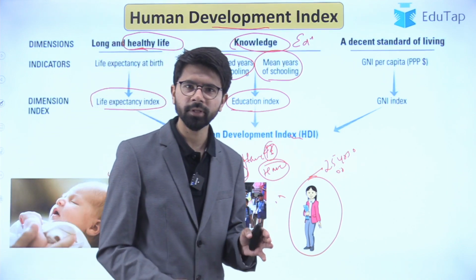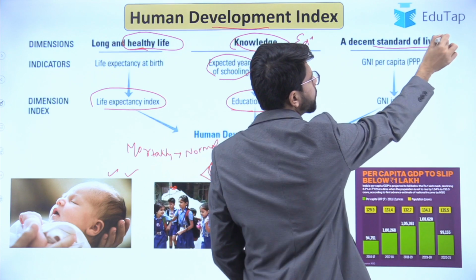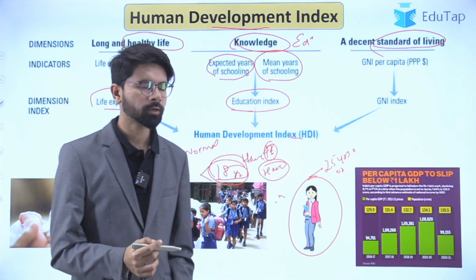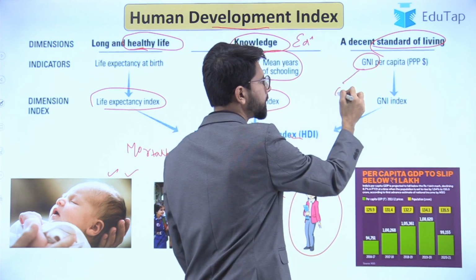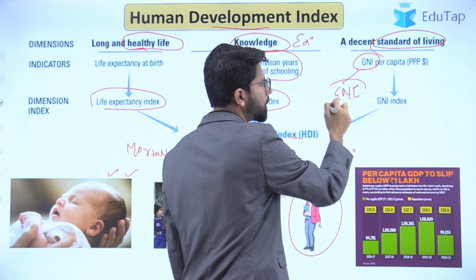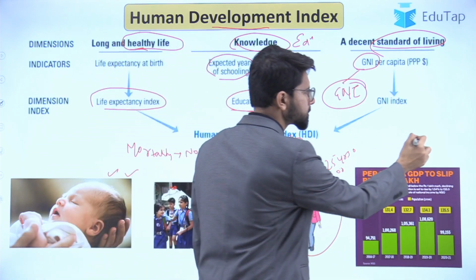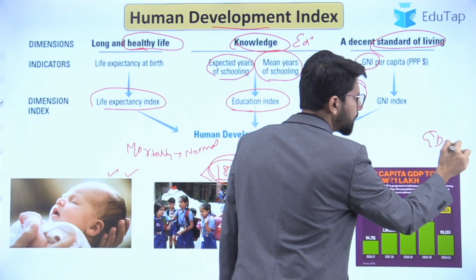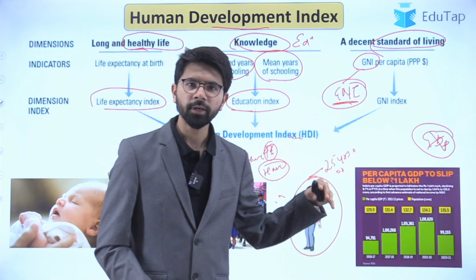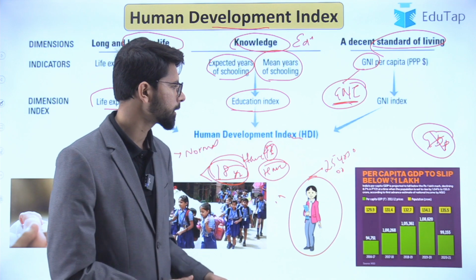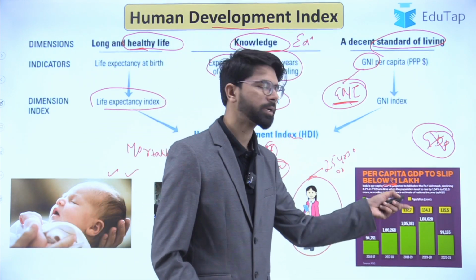We need not get into the calculation of that particular index. And for standard of living, I would like to bring your focus upon this important key difference, that here the focus is on GNI. This particular index, which is released by the United Nations Development Program, does not focus on GDP and rather focuses on GNI, because it will also include the other residents that are part of that particular country, and this is a very recent figure which highlights the per capita income.